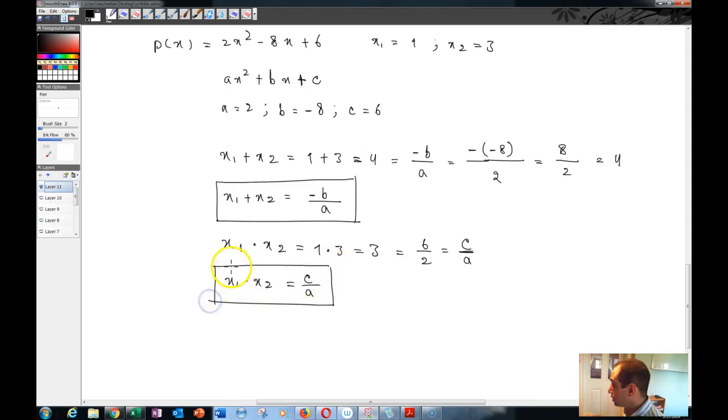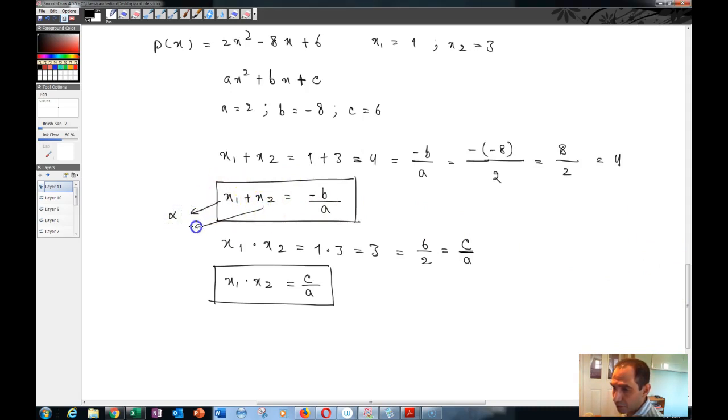And usually in mathematics books, how they write this relationship, they take the two roots or the two zeros as alpha and beta.